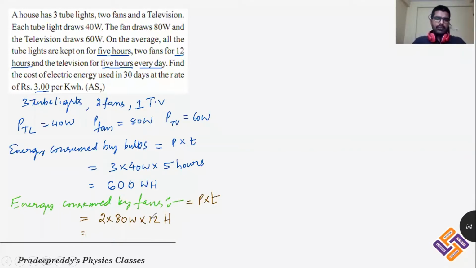So 2 into 80 into 12 is equal to 1920 watt hour. This is the energy consumed by the fans, and the last is energy consumed by the TV.